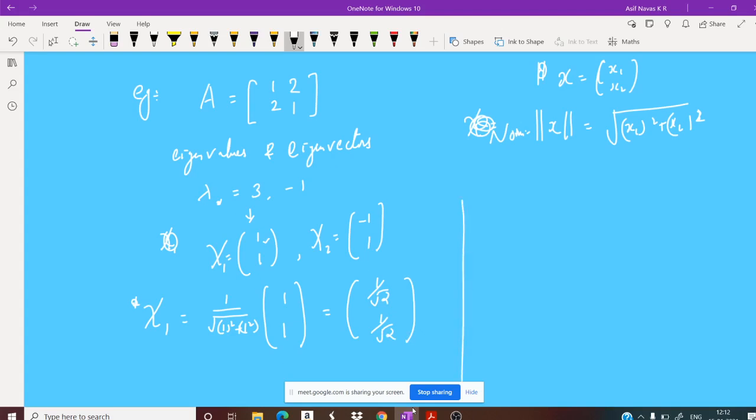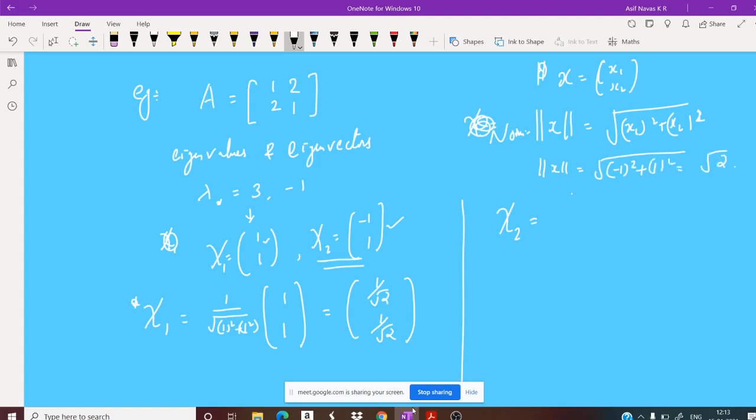So similarly, tell me what is the new eigenvector. In order to get an orthogonal eigenvector, what is the norm of this vector? The norm is root of -1 whole square plus 1 square, so this is root of 2.